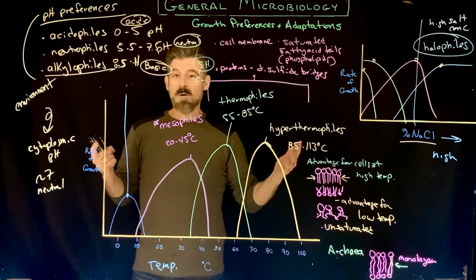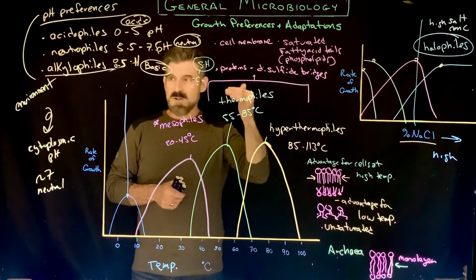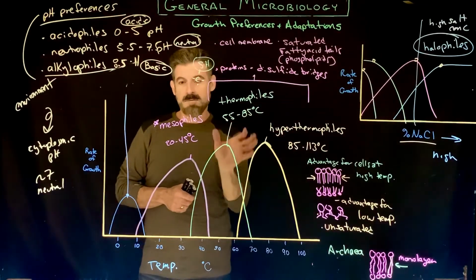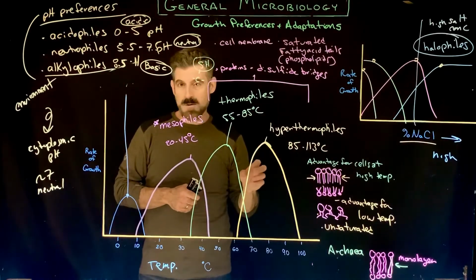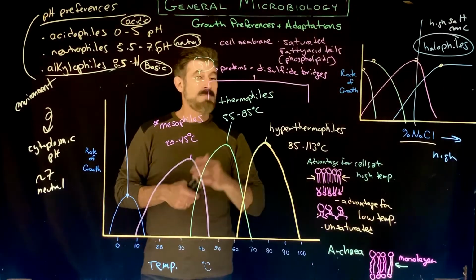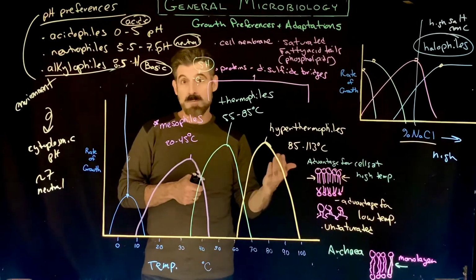So overall, what you should know from this is some of the basic terms, what they mean, the general ranges or rules for pH and temperature that organisms prefer, and some ideas of why they would have those preferences.